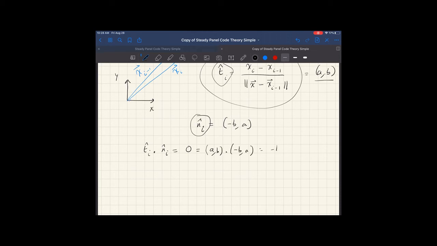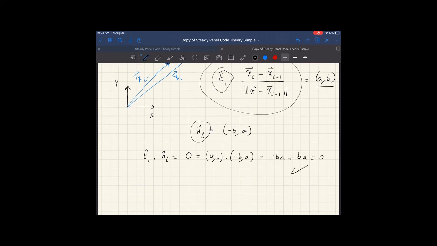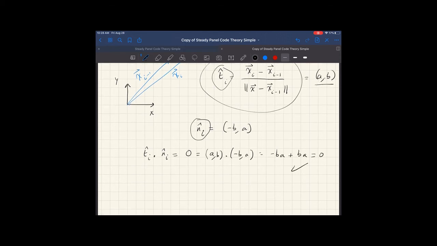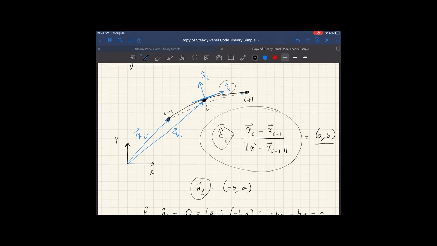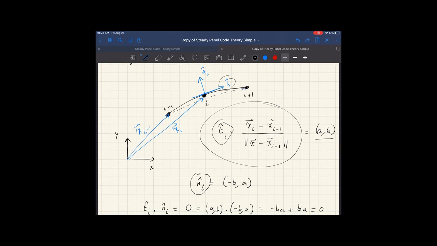This will equal minus ba plus ba, which is equal to 0. Thus, these two unit vectors are orthogonal, and thus this is the right unit vector. And we can also look at it from a visual standpoint to make sure that it's pointing in the right direction and we did not get the negative of it.